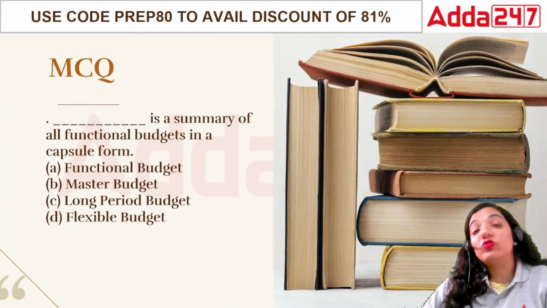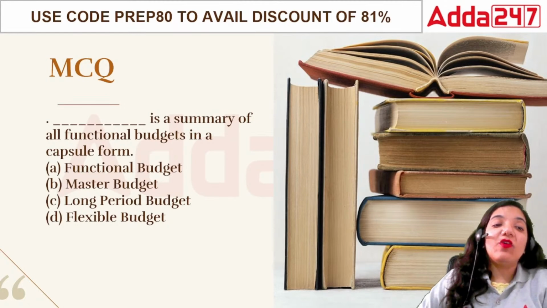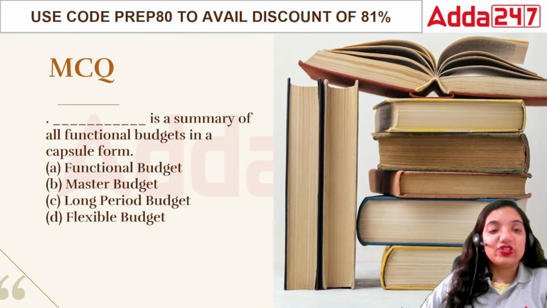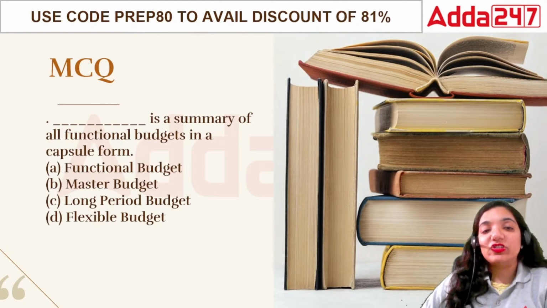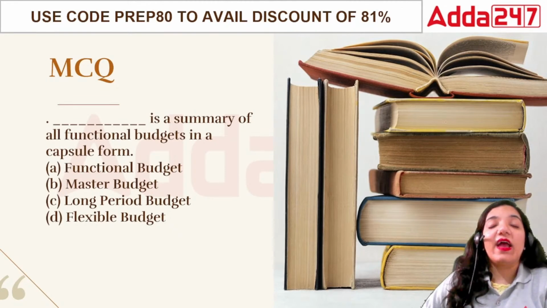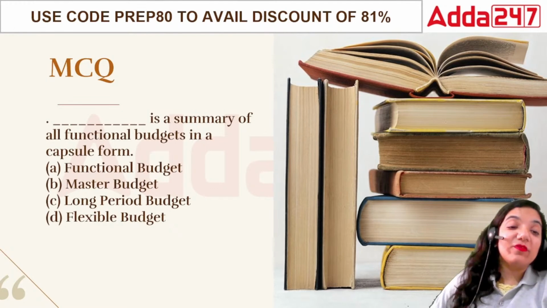No, we are still left with two more questions. The questions are from the area of costing. Dash is a summary of all functional budgets in capsule form. Functional budget, master budget, long period budget, or flexible budget? It is a summary of all functional budgets. It includes all kinds of budgets: production budget, sales budget, operating expenses budget, then fixed expenses budget.